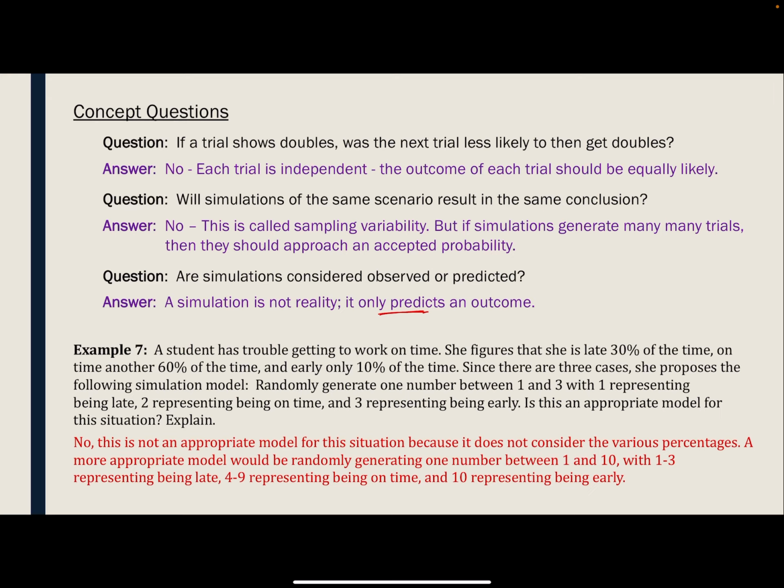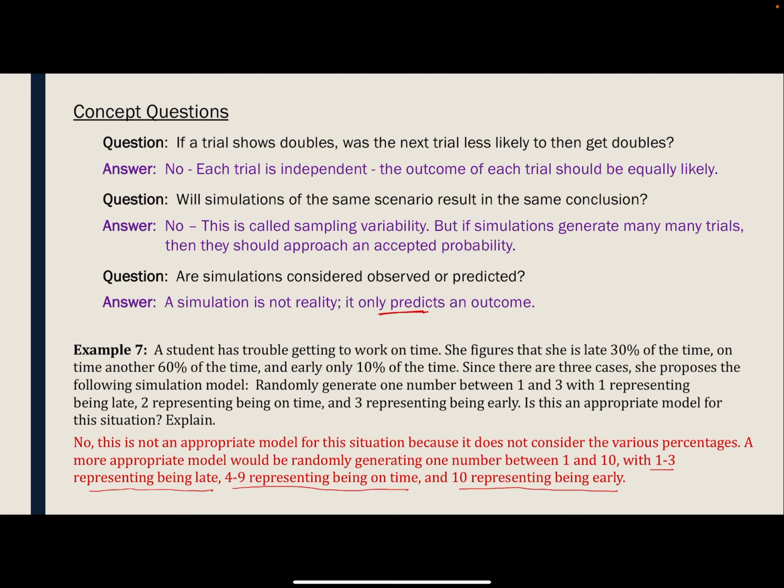And we don't want the numbers to overlap. So we would let 1 through 3, say, represent being late, 4 through 9 represent being on time, and 10 represent being early. And then the numbers that we have that are representing the events are accurate with the percentage.